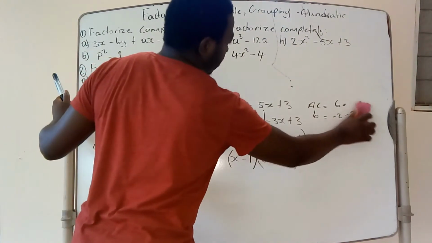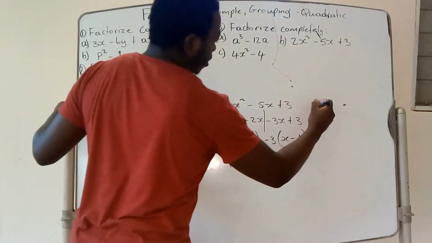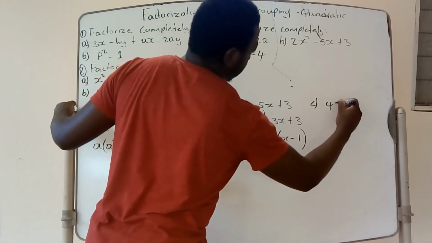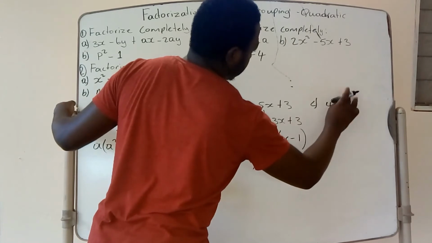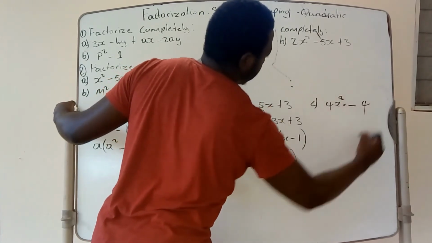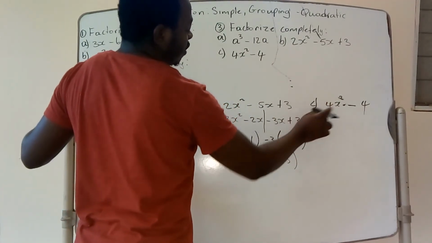Now to part C. Now part C, we have 4x squared minus 4. Now this expression is a difference of 2 squares.